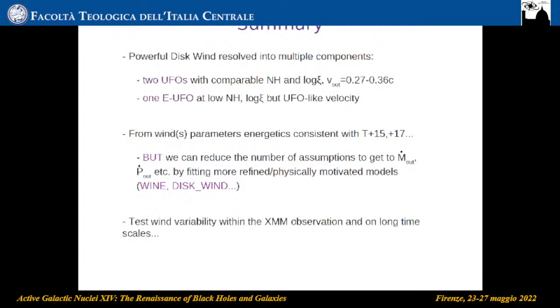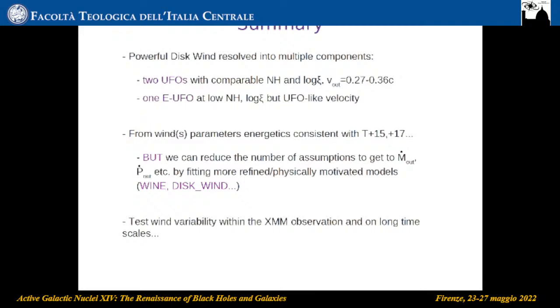So summarizing, we found a powerful disk wind in IRAS 11119. Well, we knew it was there, most probably, but we resolved it into components for the UFOs, and also found for the first time the entrained UFO. Actually, it looks like it is even visible in the old Suzaku data at 1 keV.